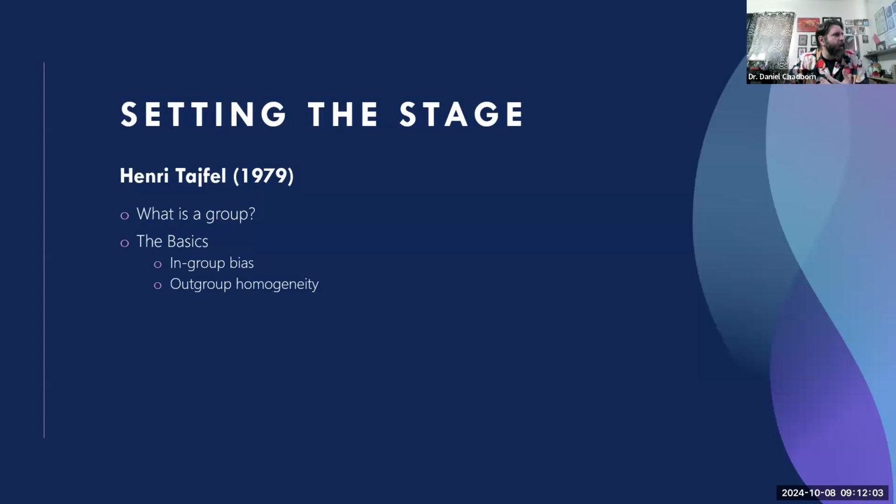What Tajfel basically defines is that being a part of a group creates biases towards that group. The higher your identity with the group, the more likely you are to follow certain norms or rules associated with that group. And it leads to two big things: in-group bias, where we tend to view the groups that we belong to as more positive, just kind of natural. We're part of those groups. We want to feel good about those groups.